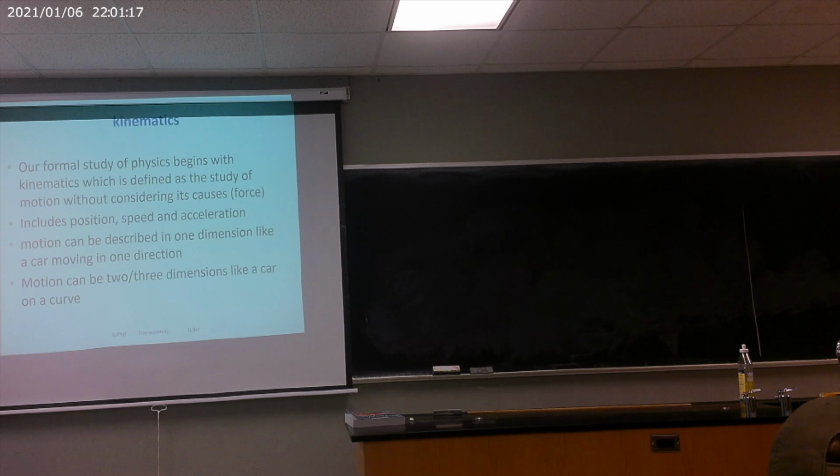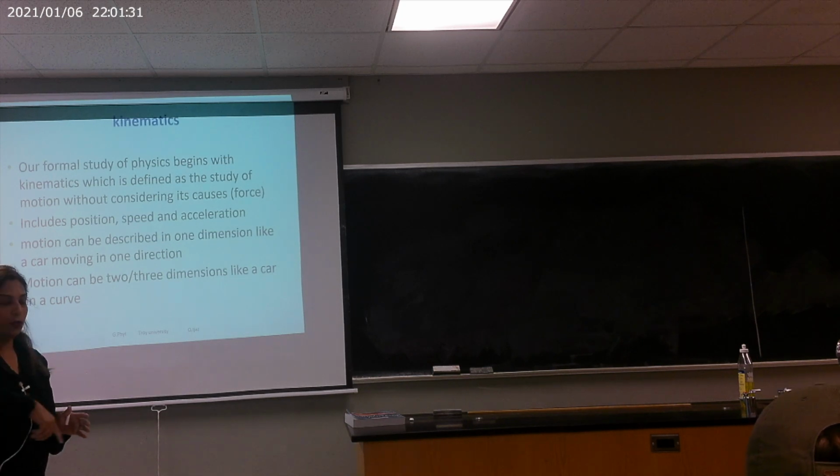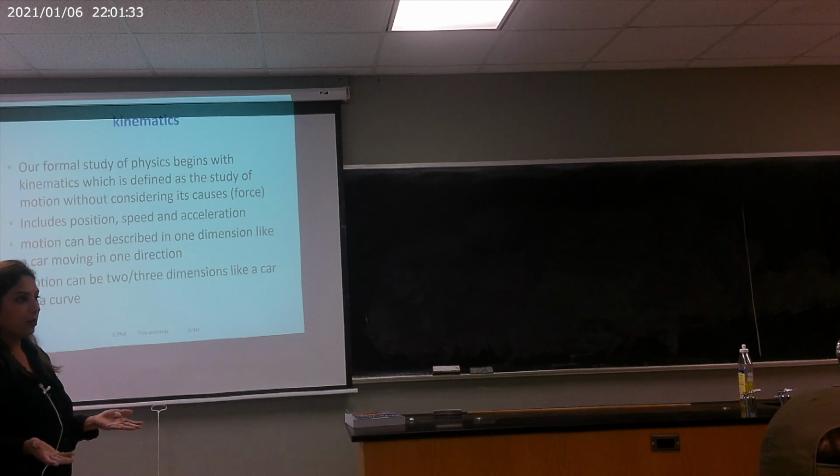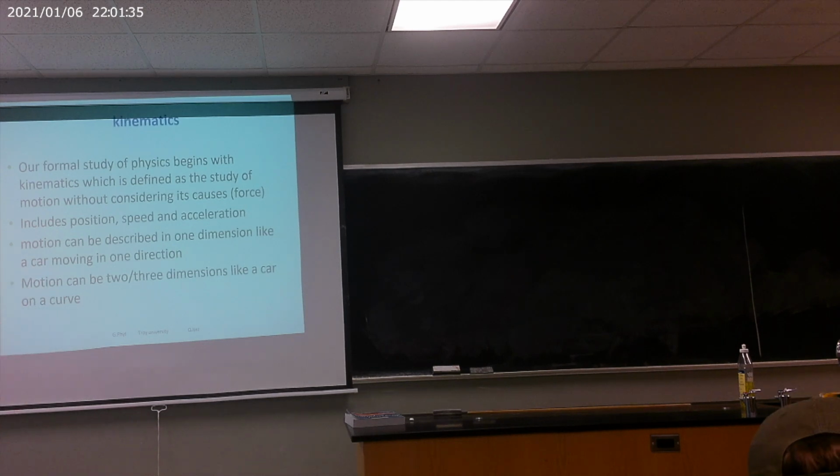Motion can be in one dimension, like a car moving in one direction. Motion can be in 2 or 3 dimensions, like a car going on a curve. When you take an exit and go on a curve, that is not one-dimensional motion. One-dimensional motion is when you are going straight.